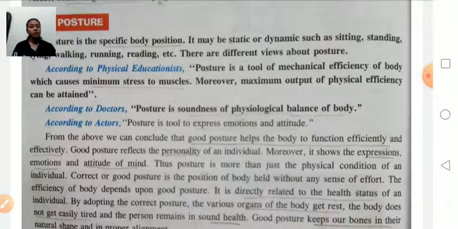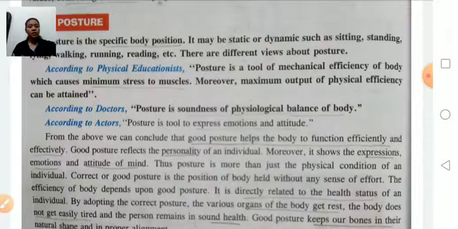Good posture helps us function efficiently and effectively, and it also reflects the personality of a person. If a person has good posture, he has a good personality. Posture also helps to show the expressions, emotion and attitude of the mind of a person.